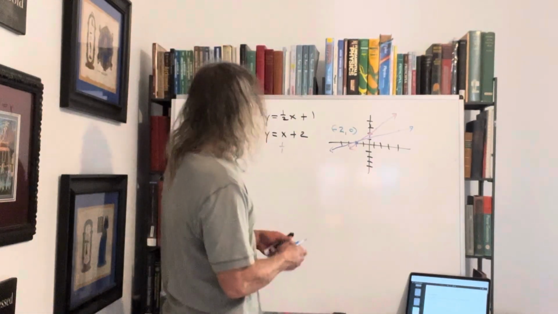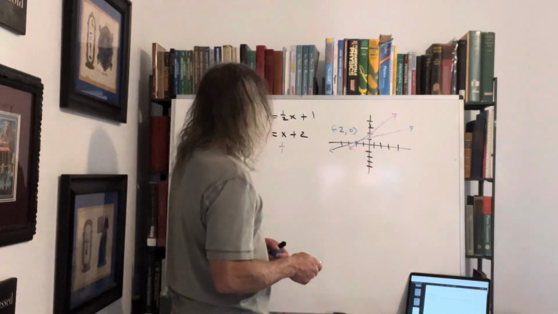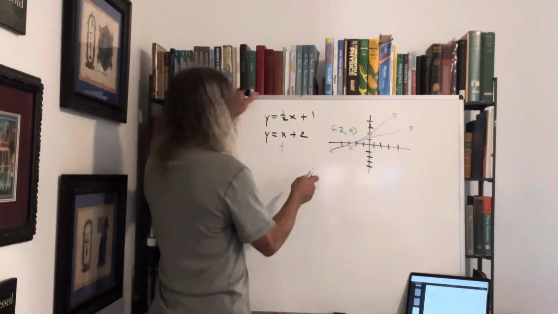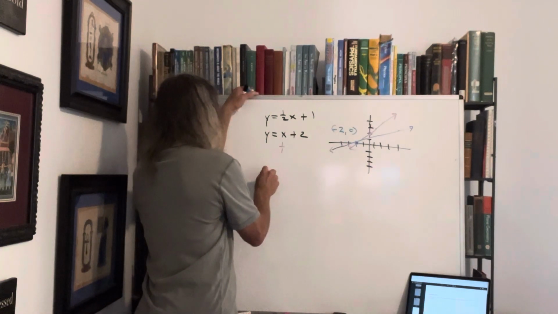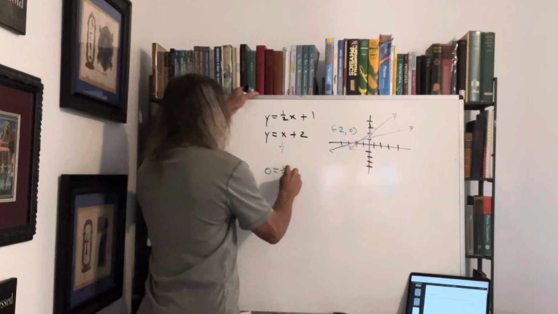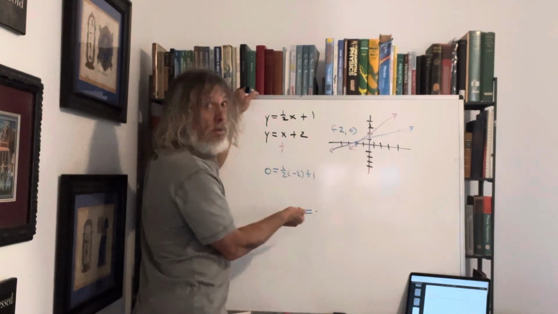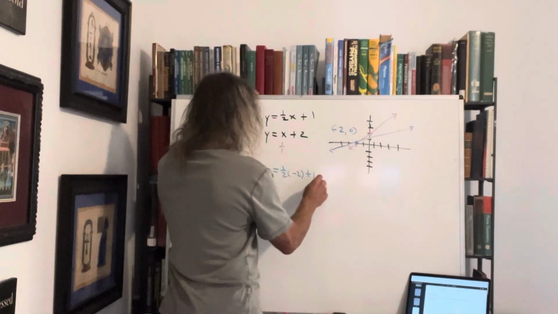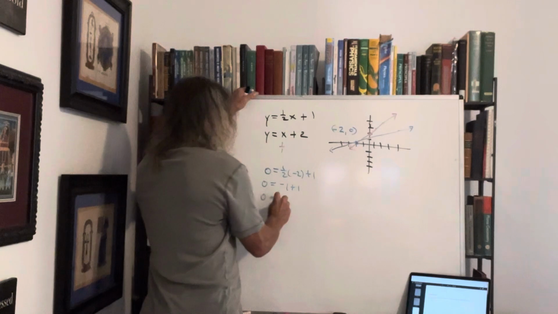So we got, if we put in a -2, for this one, 0 is 1/2 times -2 plus 1. Half of -2 is -1. -1 plus 1 is 0.